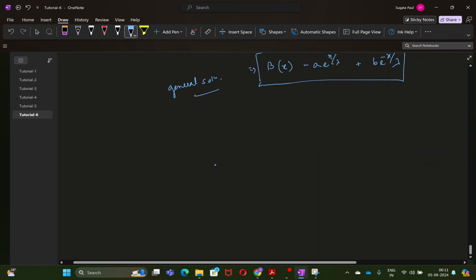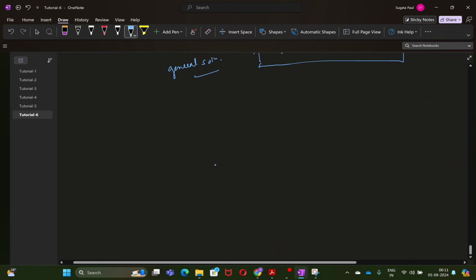Now, to get the exact solution for B(x) inside the superconductor, we need to apply specific boundary conditions.